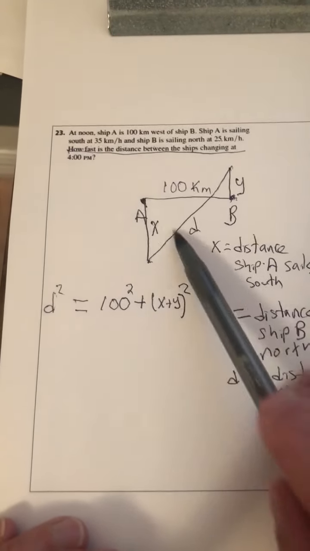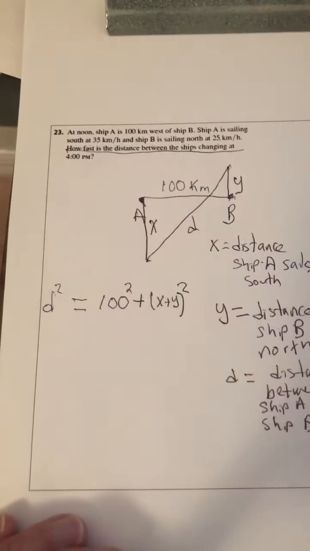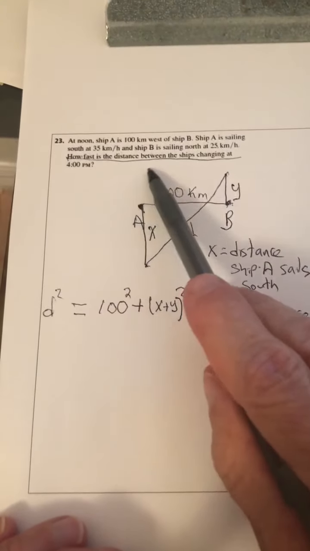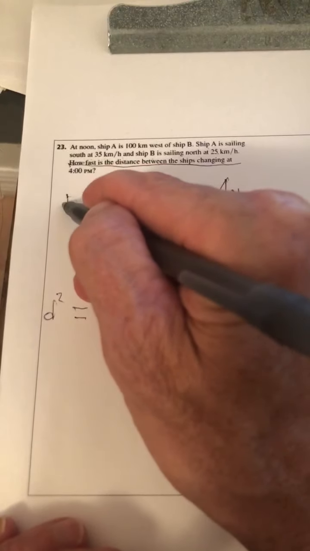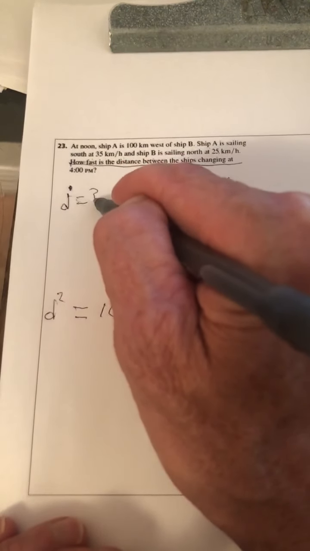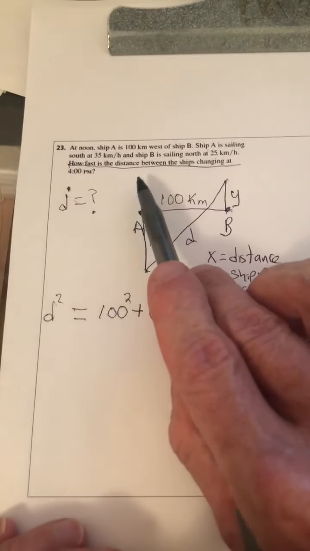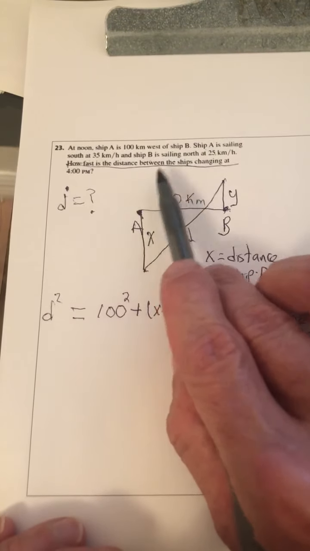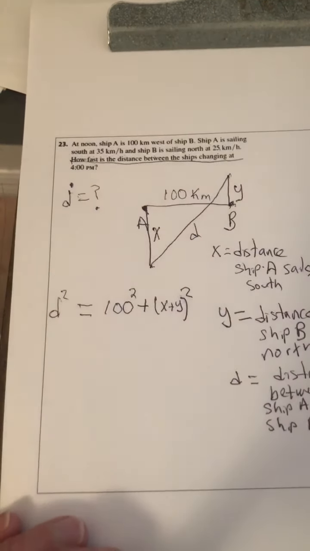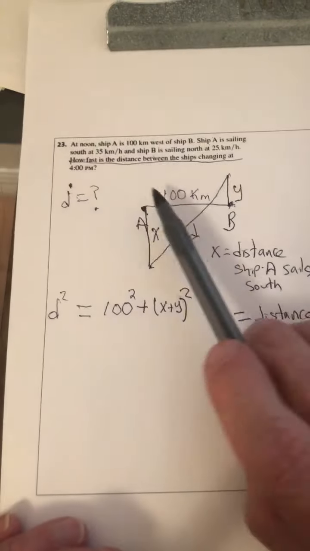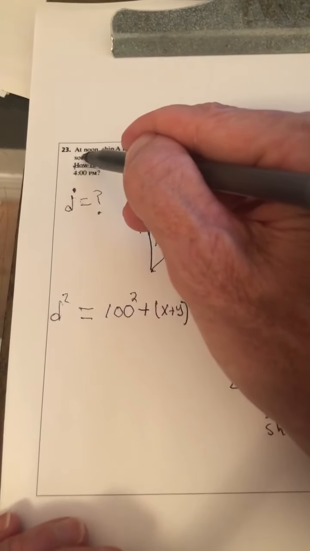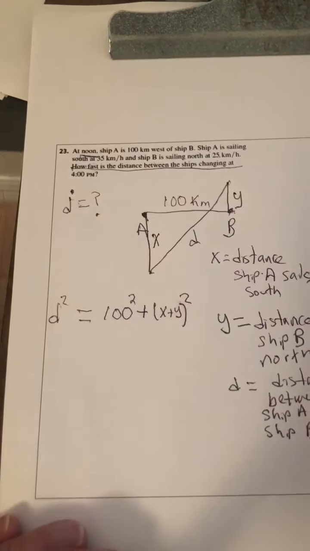Now, back to our problem. What we're asked for is the rate at which the distance between the ships is changing at 4 p.m. Well, 4 p.m. just means they've been sailing for 4 hours, because it starts out at noon, right?